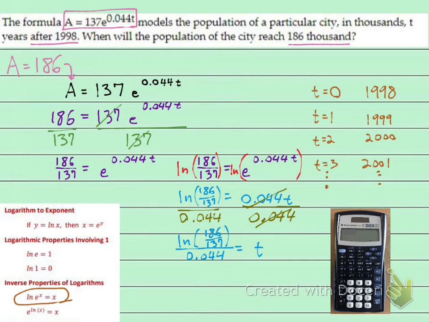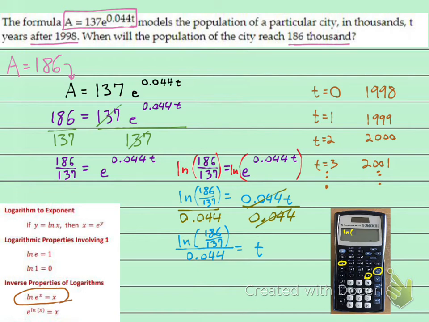We're going to need to use this key right here, ln, and it opens a parenthesis for you. Open parenthesis, and now I'm going to put 186 divided by 137. I'm going to close my parenthesis right here, and then hit equals.